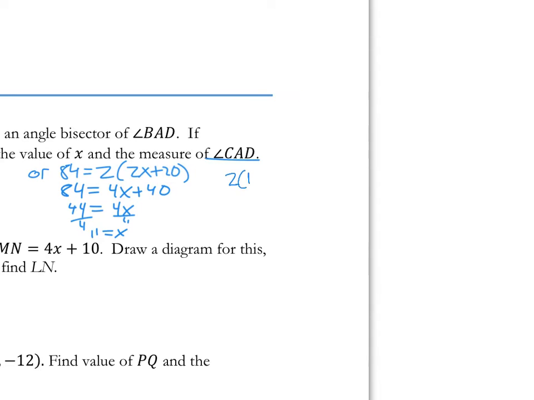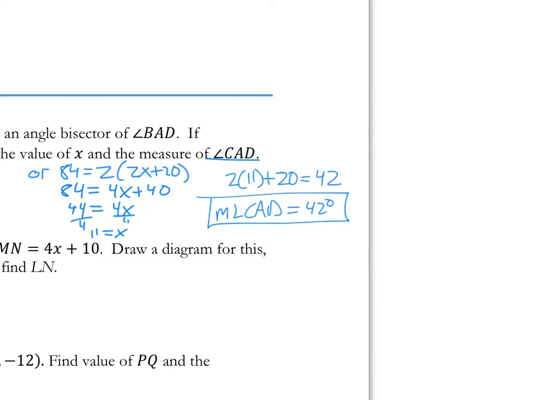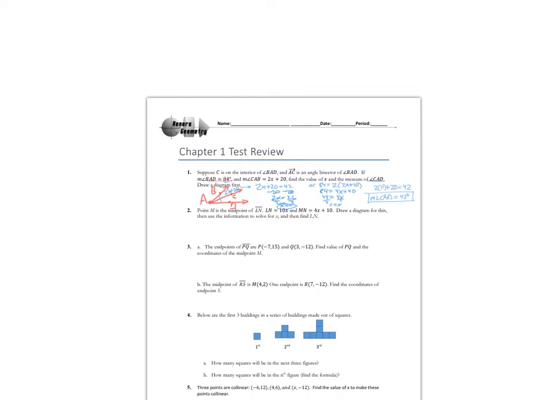And so 2 times 11 plus 20 gives us 22 plus 20, which is 42. Well, we could have kind of gotten that from the original, right? So measure of angle CAD is just going to be 42 degrees. So I guess we didn't need to plug that in. It's just half of 84. All right. Well, moving on.